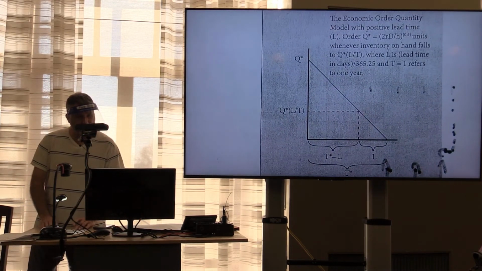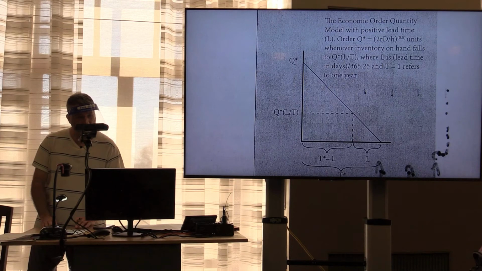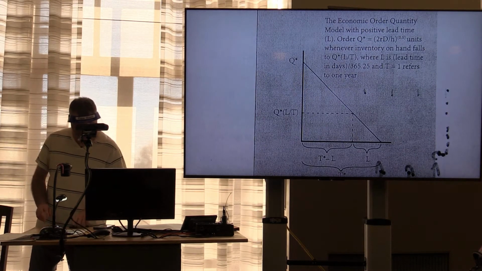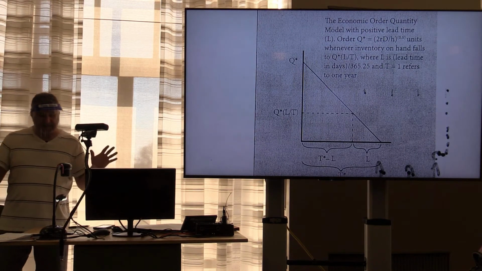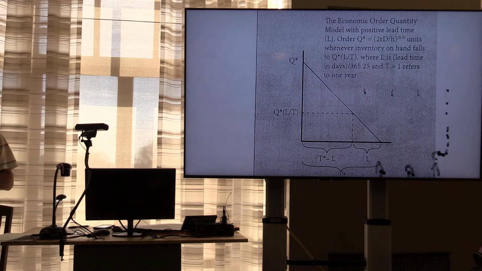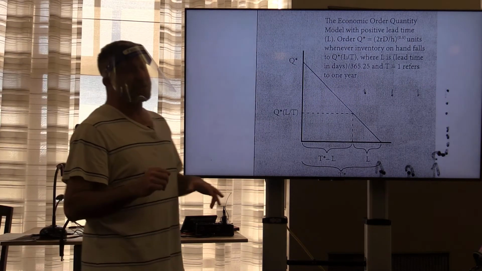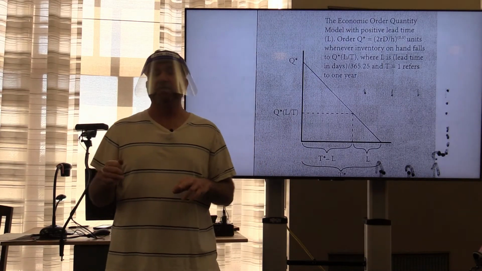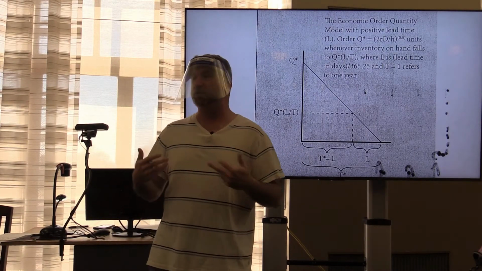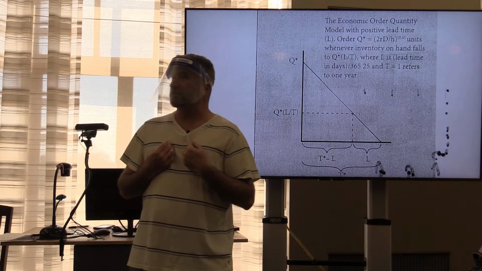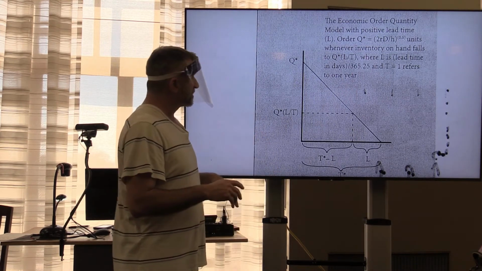And here's one way to think about it. Now, lead time can be expressed in days or in fractions of the year. If I ever give you a problem and I don't tell you which one, it should either be inferred from the problem, or that means I didn't write a good question and you need to let me know.